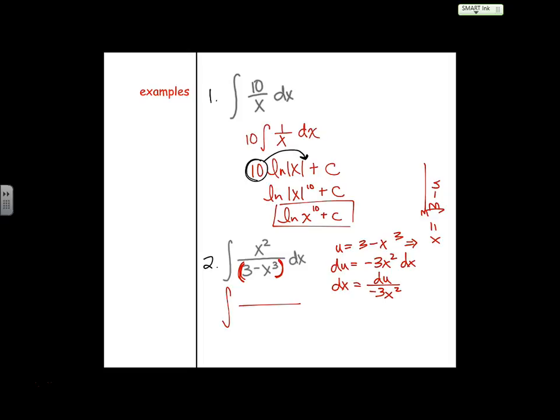Then substitute u for x. Who is it? Bottom u. Now what? Negative 3x. Yeah. Okay, that's right.